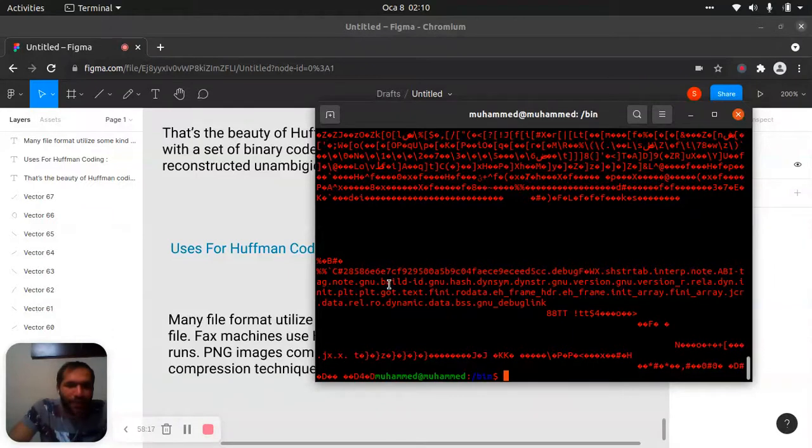Let's think. We put this symbol. So step by step, let's go together. The first one, we implement this guy, the Lempel-Ziv-Welch algorithm, to compress the same words into one character.